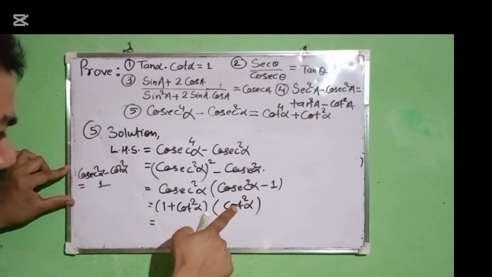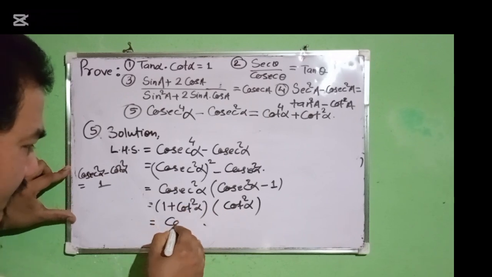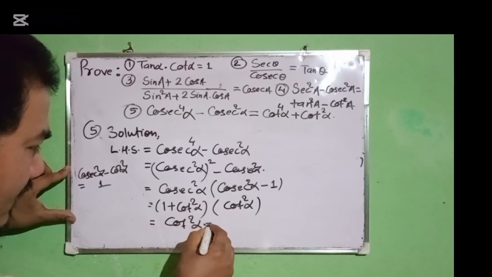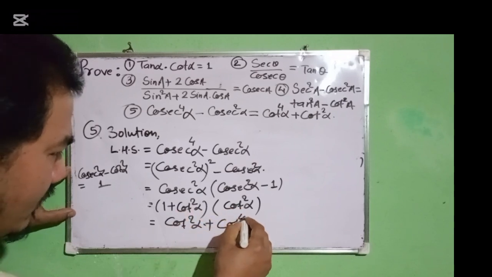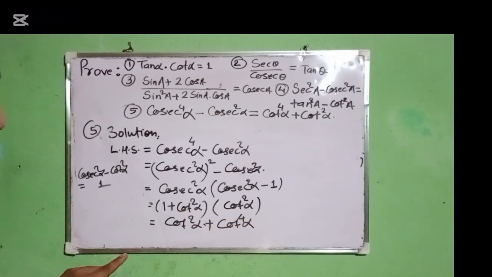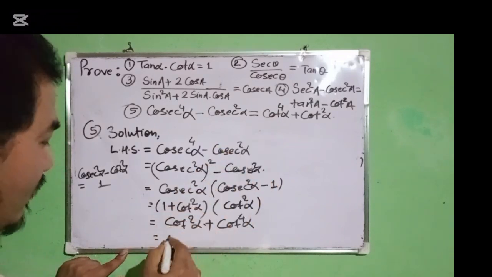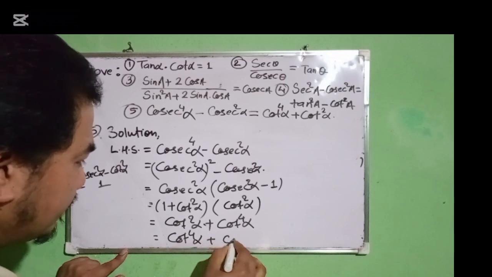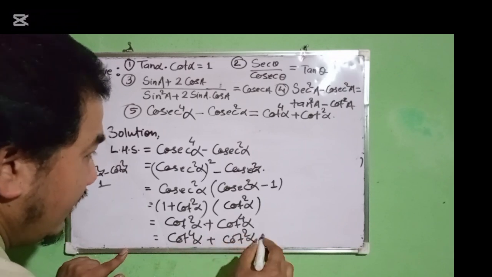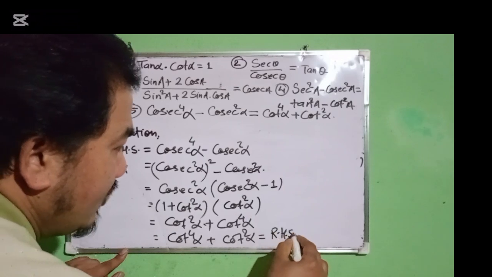Then when you multiply this inside, it will be 1 into cot square alpha plus this multiply with this, it will be cot power 4 alpha. Like this we can add, cot power 4 alpha plus cot square alpha. This is our right hand side to prove, okay?